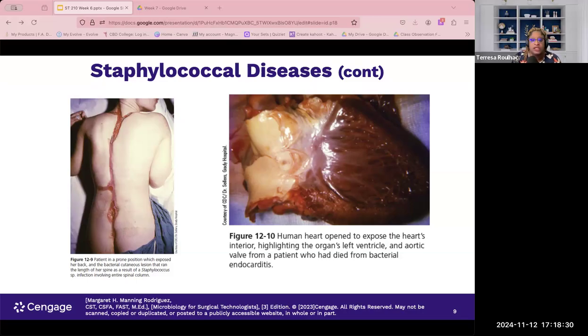Toxic shock is related to tampon use, particularly superabsorbent or prolonged. You have staph infections like pneumonia, wound infections, burns, abscesses, recent childbirth, believe it or not. And any type of vaginal or nasal packing materials can also bring on toxic shock syndrome.